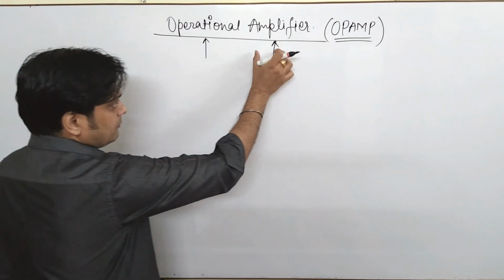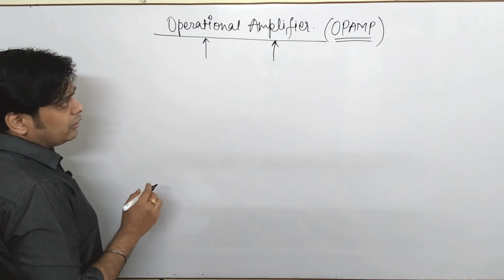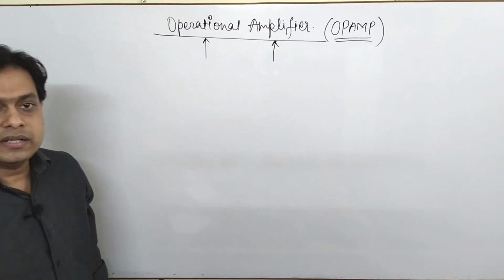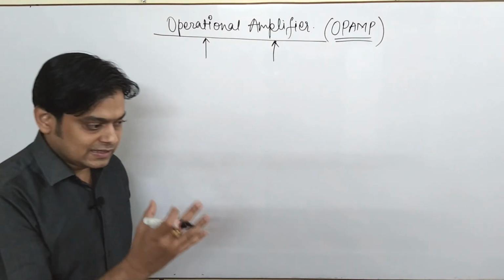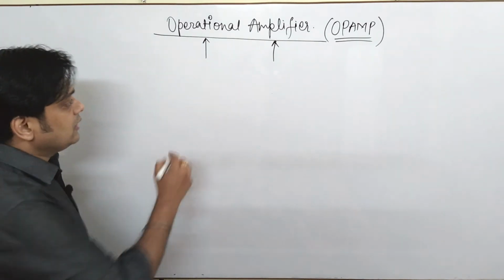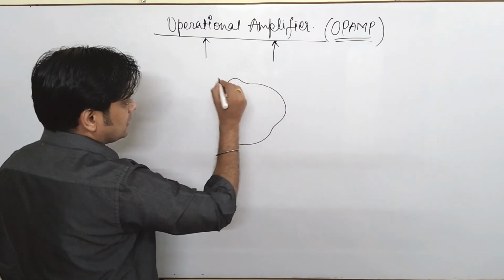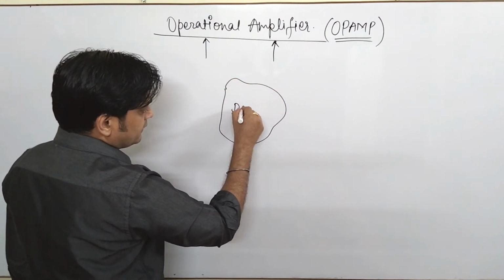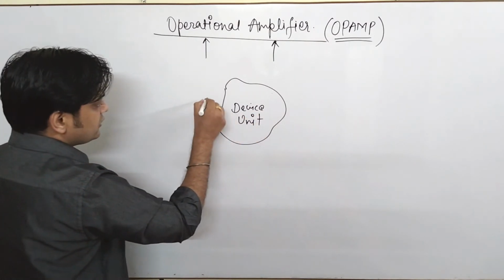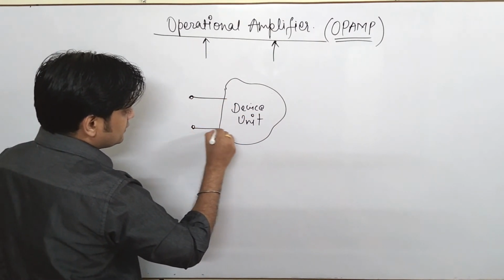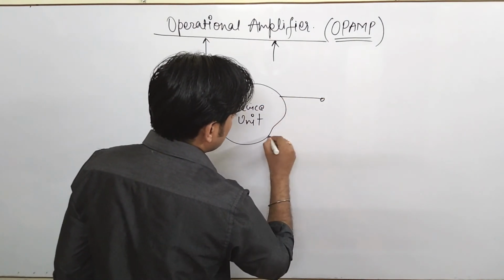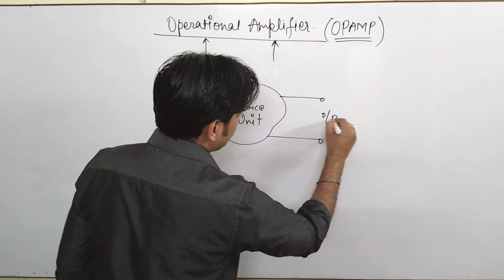So first of all, we'll talk about amplifier. What is amplifier? A basic definition which all know is that any signal which is applied at the input terminal of some object finally gives an enhanced output. So if I say this is a certain device or a unit at which some input is applied and finally we get an output.